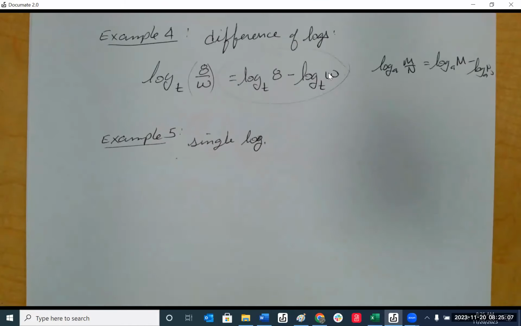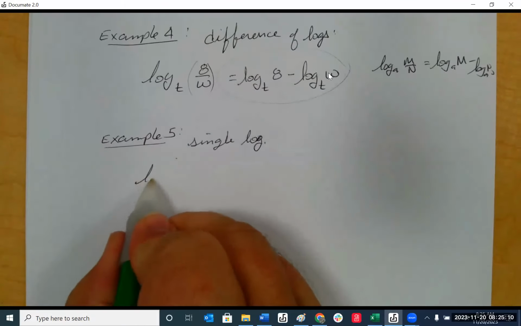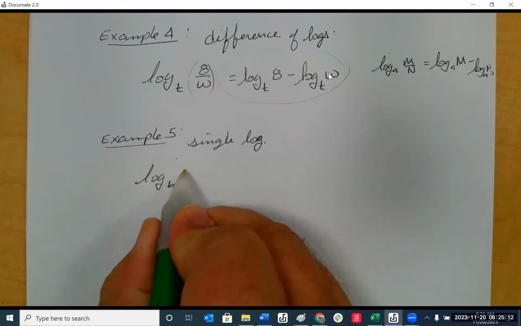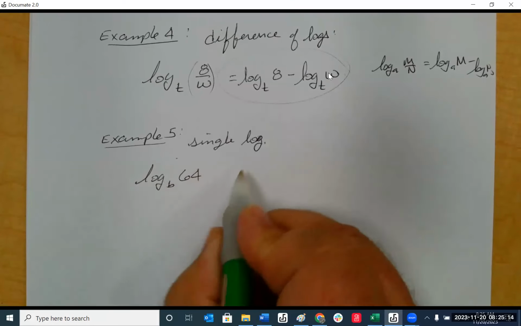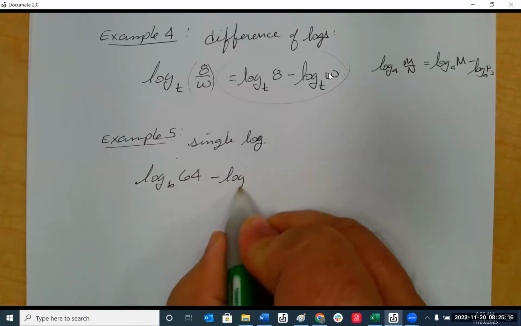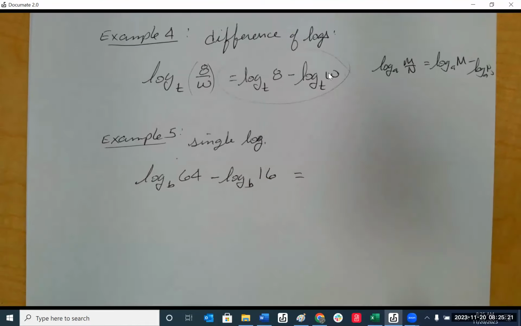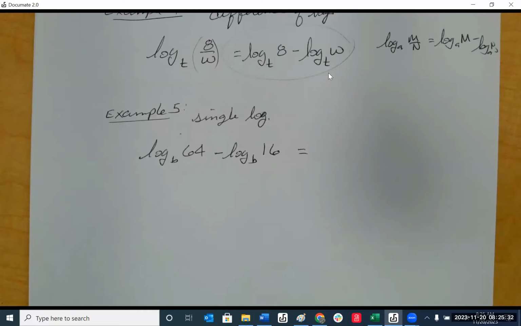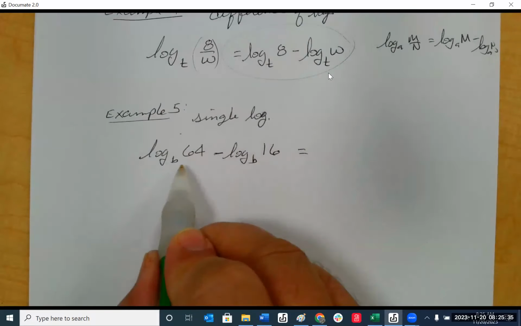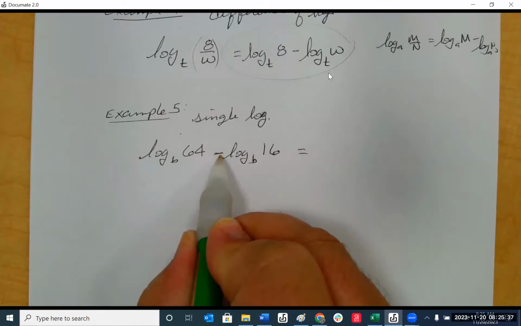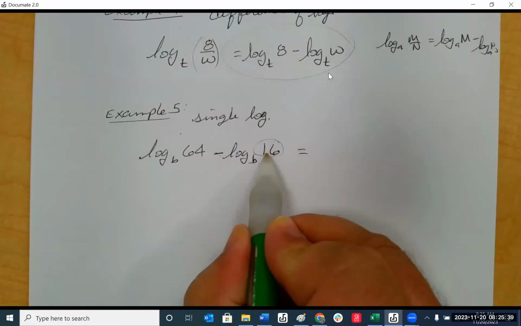Express this one as a single log. Log base b of 64 minus log base b of 16. Since we have a minus, that means this one has to go on the bottom.